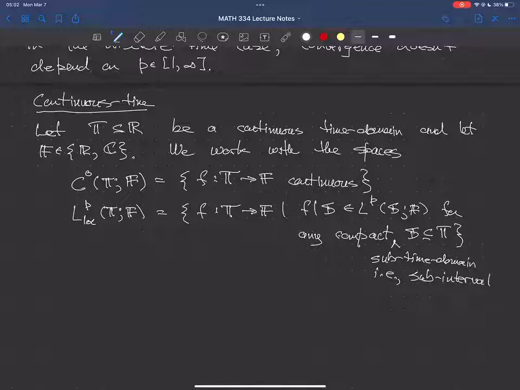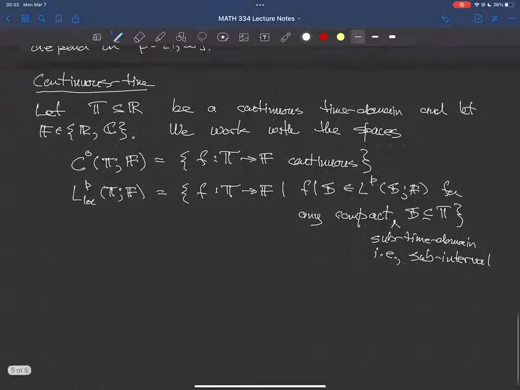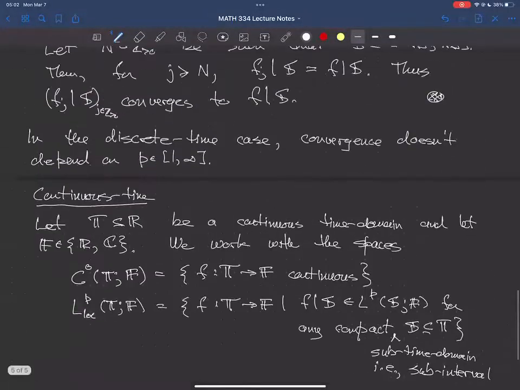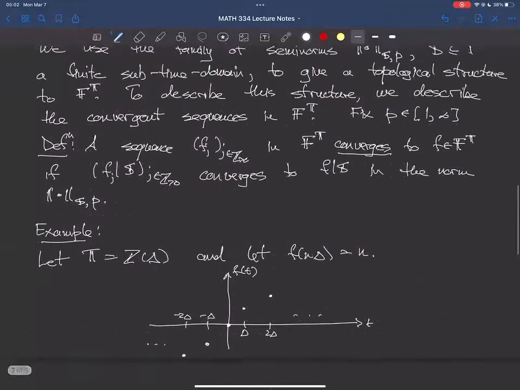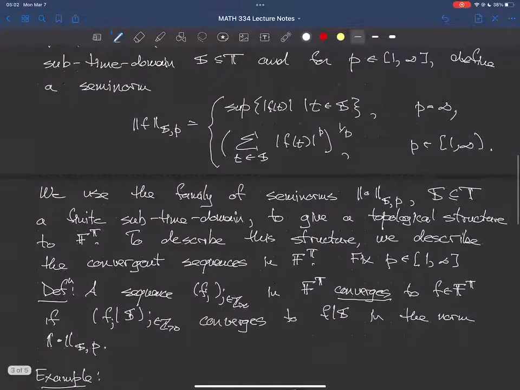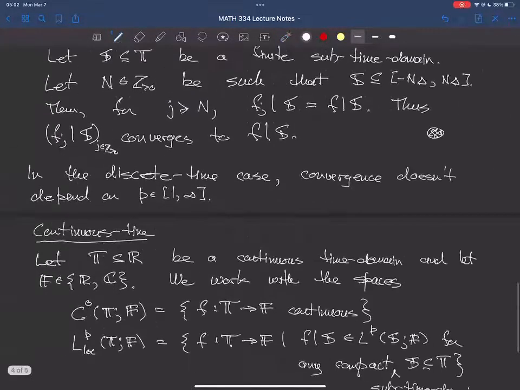All right, so these are the two spaces we're going to talk about. And we're going to put a norm on each of these spaces in more or less the obvious way. What we're going to do, of course, is replace the finite subtime domain S with a compact subtime domain, and then do the continuous time analogs of those constructions.